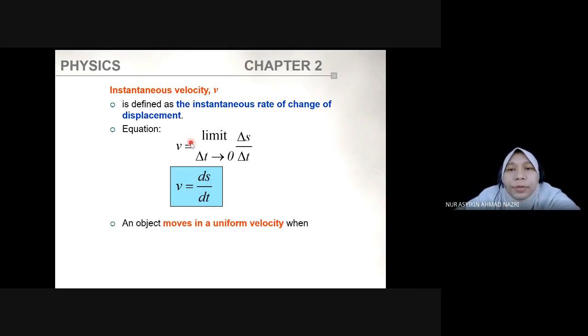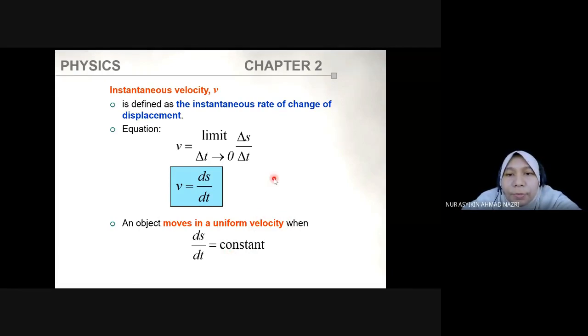Kalau average tu the one a range of distance. Tapi kalau instantaneous rate of change of displacement tu, at that point berapa velocity dia? So that is your instantaneous velocity. So an object moves in a uniform velocity when ds over dt is constant.